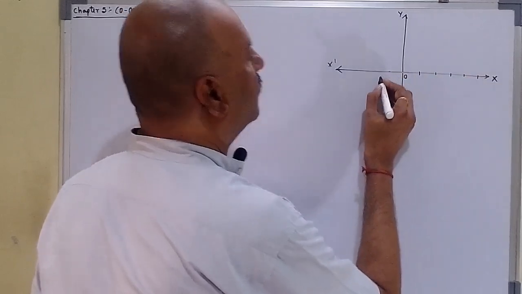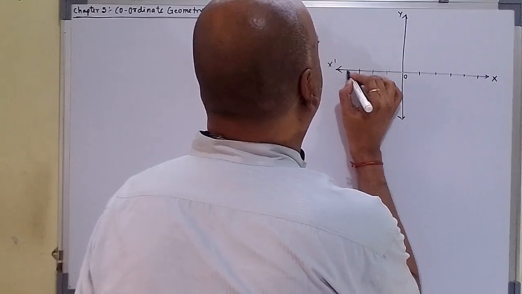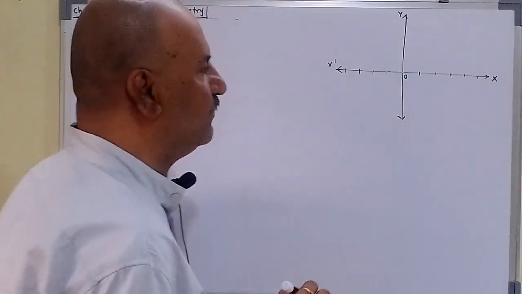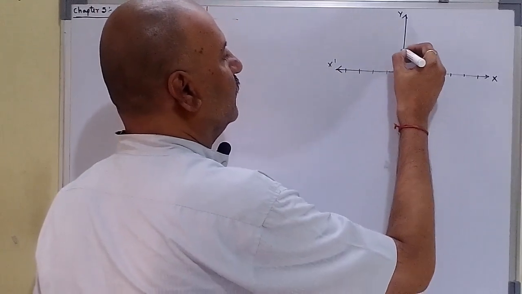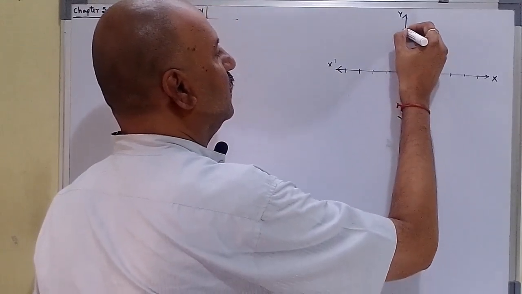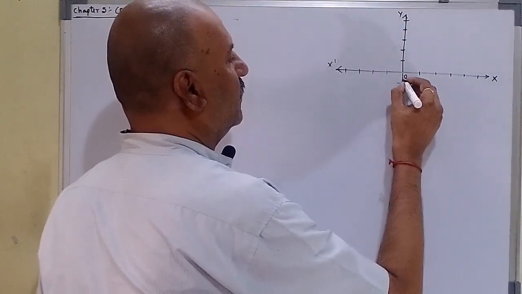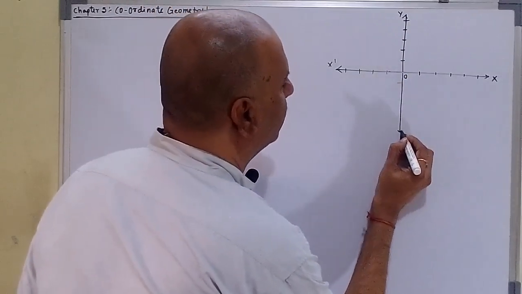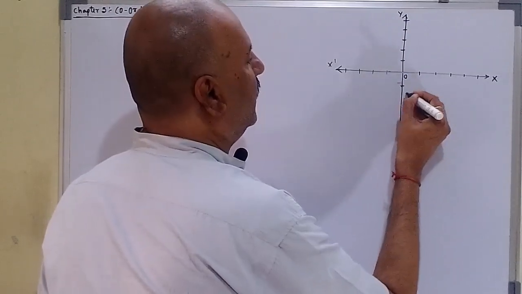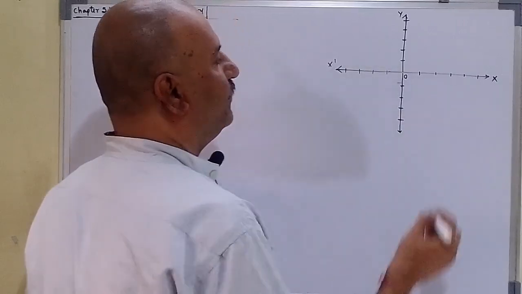Here 1, 2, 3, 4. 1, 2, 3, 4, 5. 1, 2, 3, 4.